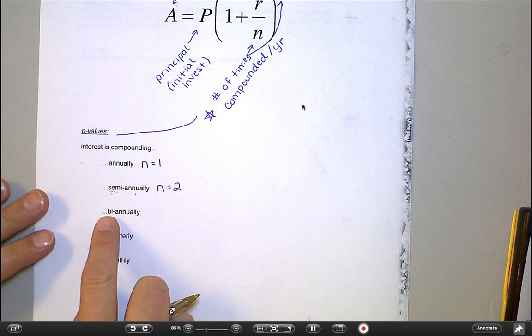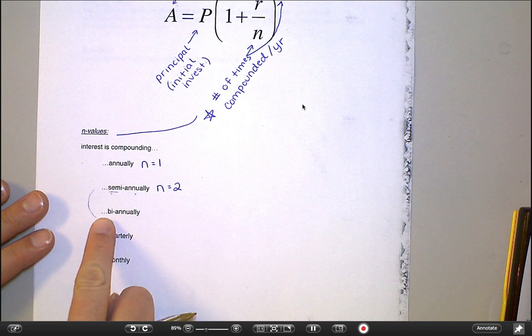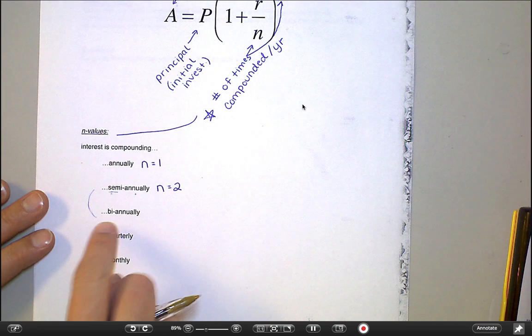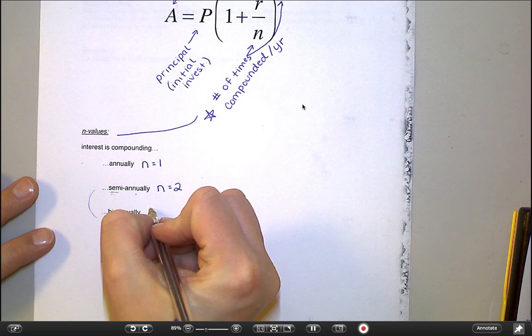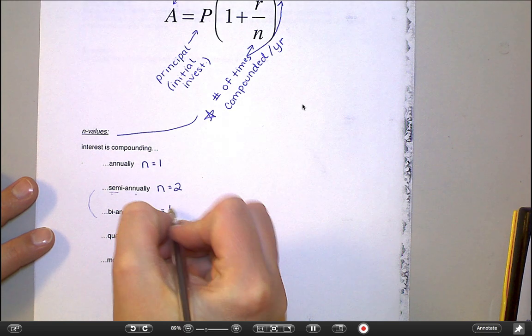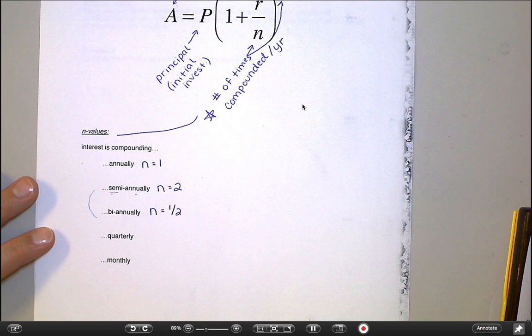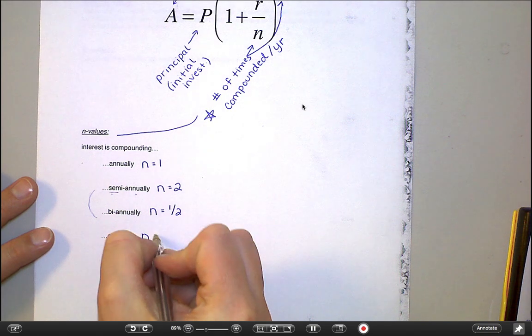Biannually, you're not going to see this one very much, but people get these two confused. Biannually means every 2 years, so how much are you doing it every year? That would be 1/2. Again, this one really doesn't get used a whole lot, but I wanted you to see the difference between those two. Quarterly means 4 times a year.